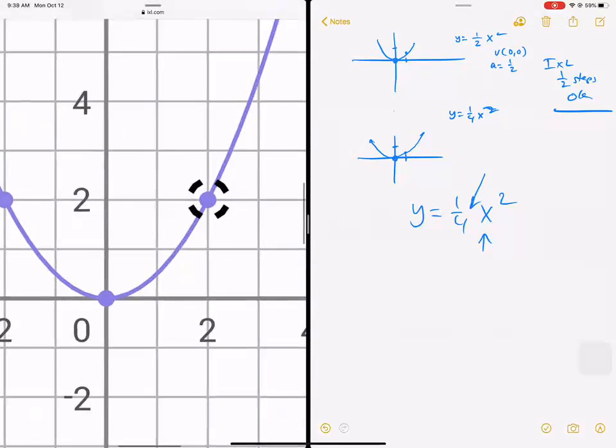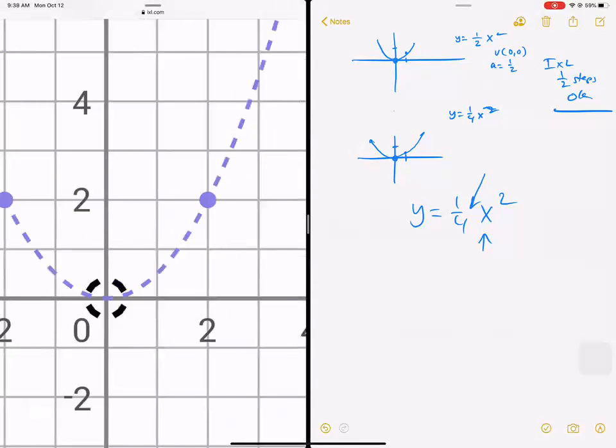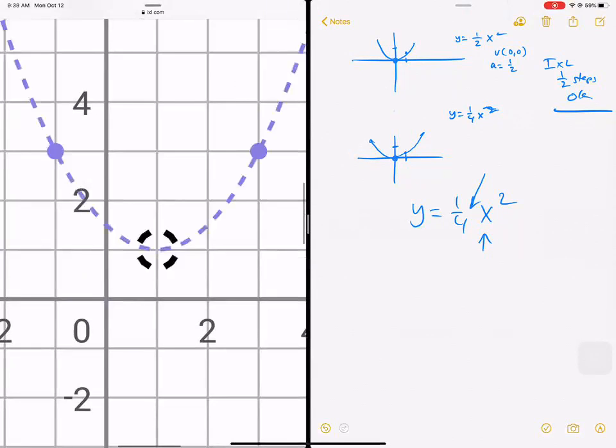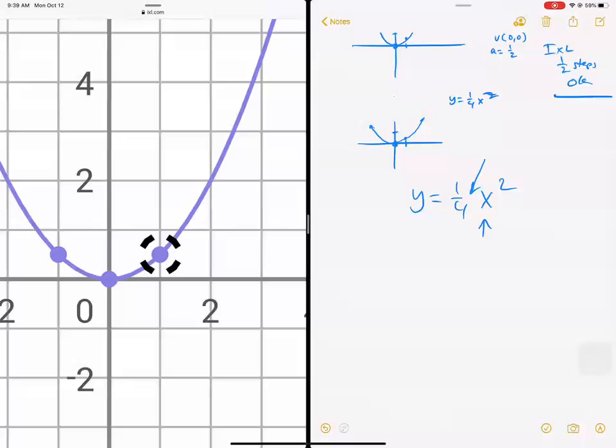So if I plug in, we said we couldn't graph 1/4, right? So what value can I plug in here to make the problem easy?